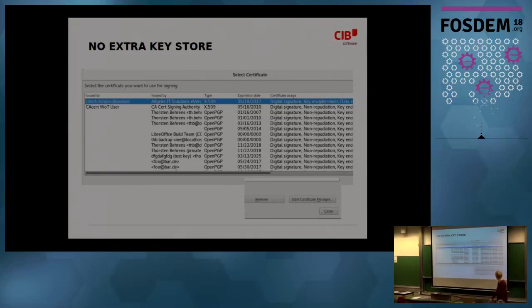We have a Start Certificate Manager button in this dialog, and when you click it, it will open Seahorse on GNOME, or on KDE there is, I don't know, Kleopatra, and on Windows it will open GPG4Win. Is that right? So it's a configuration parameter within the application, which program you use to launch?